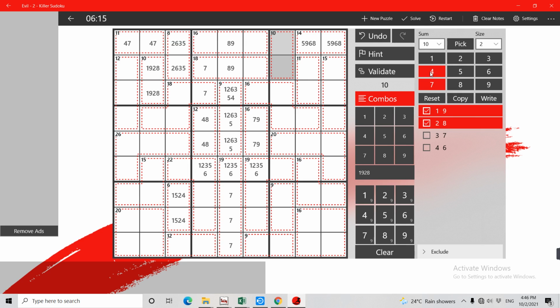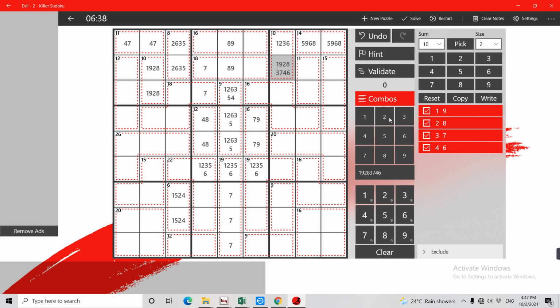Similar thing. I'll copy everything and I'll enter here. Then I cannot have an 8 here, I cannot have a 9 here, I cannot have a 4 here, and I cannot have a 7 here.